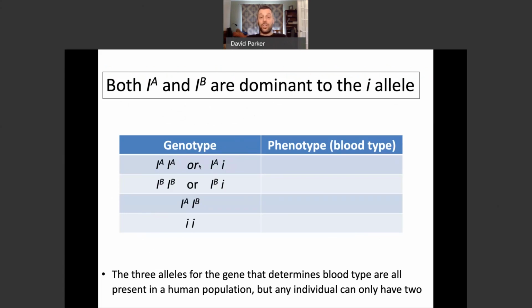I said that you can only ever have 2 alleles of one gene, right? And that's generally true. So if you are either homozygous I^A, or have a single I^A allele and a recessive allele, your phenotype, blood type in this case, is type A. To be type B, you have to carry 2 dominant B alleles, or a dominant B allele and a recessive allele. If you carry both type A and type B alleles, they are codominant.